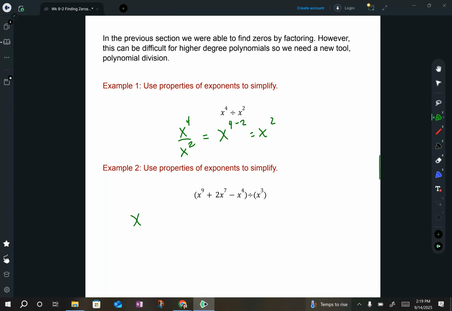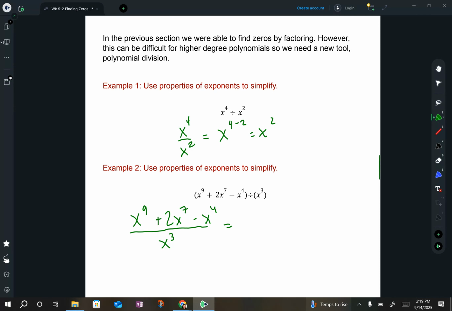In this example, we have x to the ninth plus 2x to the 7th minus x to the 4th all over x cubed. Now, when you're dividing this problem, you need to remember that this x cubed is going into all pieces of this polynomial.